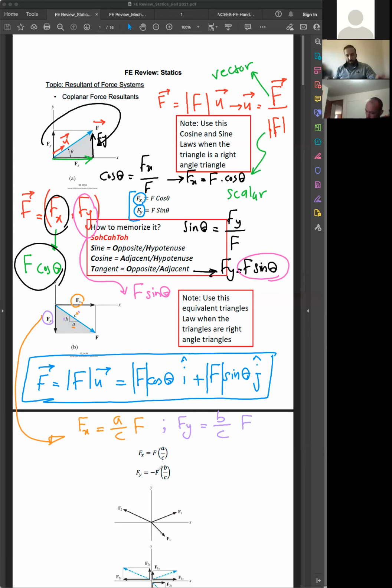So if you ever want to deal with these ratios of the sides, you can go fast. I want the horizontal projection, so I use the horizontal side of the triangle over the hypotenuse. I want the vertical projection, so I use the vertical side over the hypotenuse. This way you can find the projection you're looking for. Questions so far?